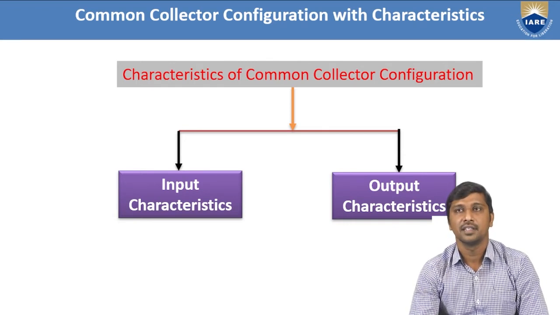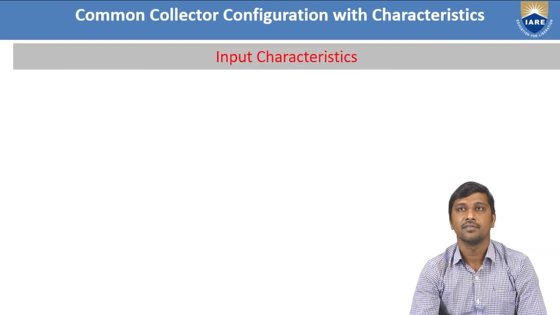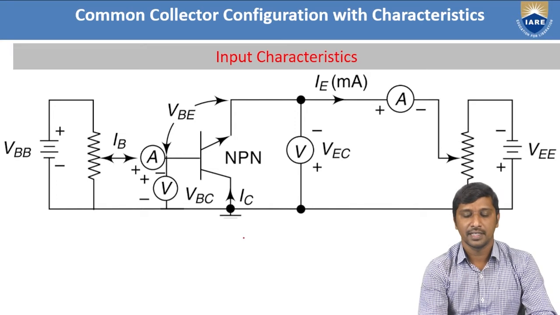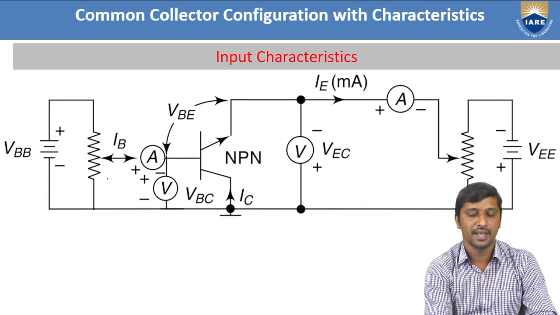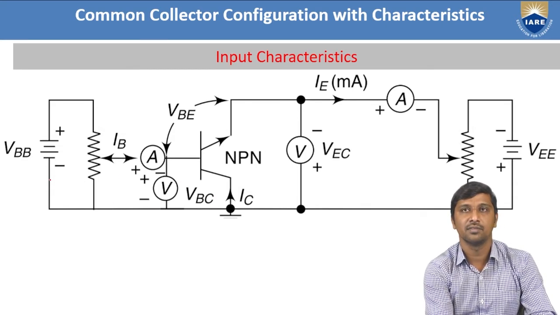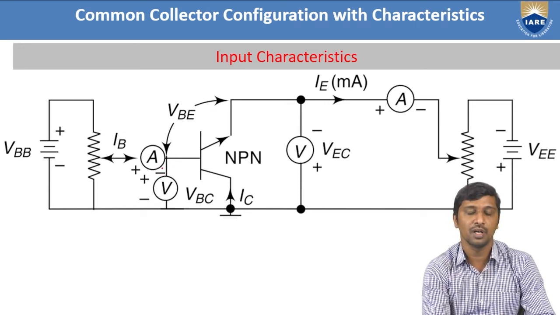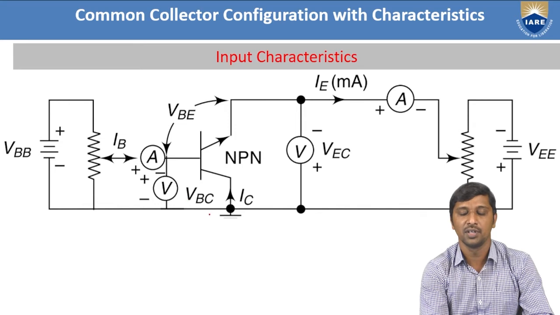So for this case, if you look at this common collector configuration, here I consider an NPN transistor, and this is the biasing voltages we observed just now. But here I place some indicating meters to measure the current and voltage across the input side and output side.